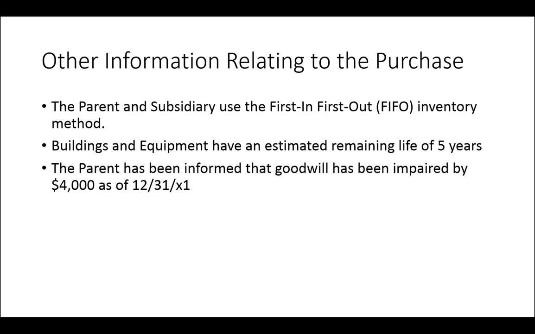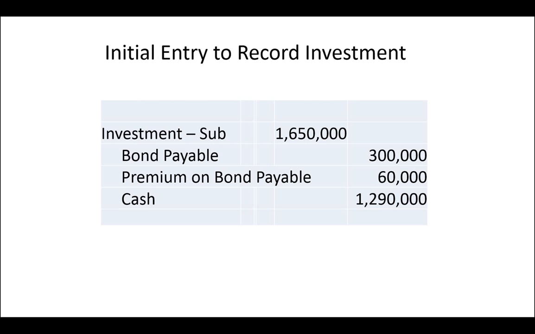The first thing we need to do is to record the initial investment from the parent. We're going to debit investment in sub. We're going to credit bond payable for $300,000. Remember, from intermediate 1, bonds are recorded at the face amount.